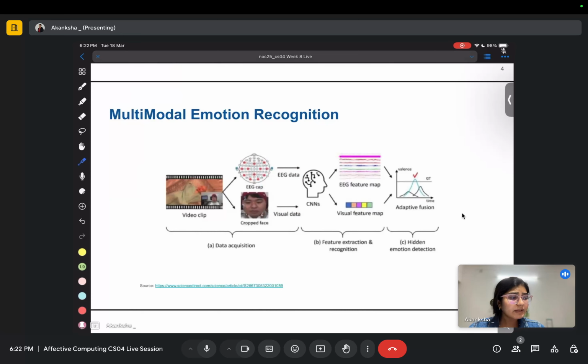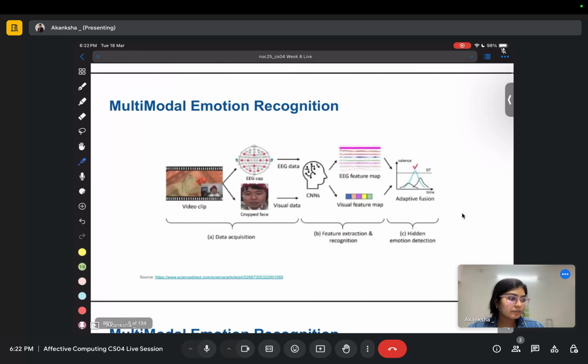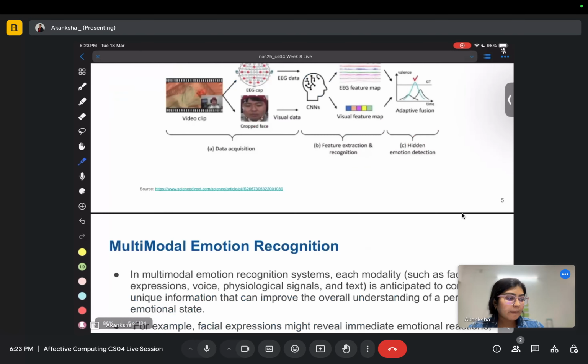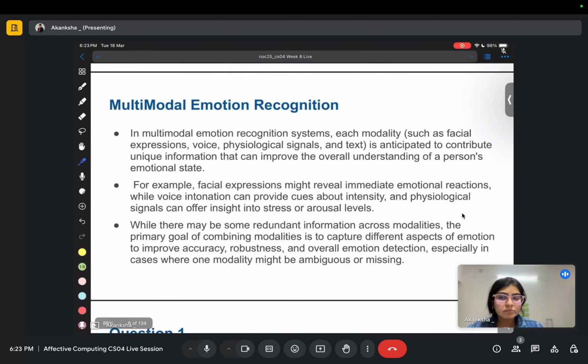We can combine the information and then train a model, maybe with decision level fusion or early fusion. We will talk about these fusion techniques in coming slides. But anyway, the motive is to combine the information from both modalities. This is a typical pipeline. Now, in multimodal systems, each modality is anticipated to contribute unique information.